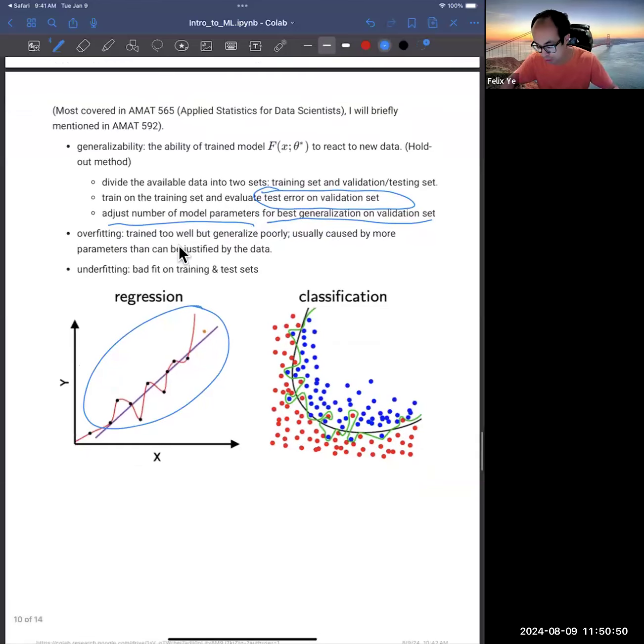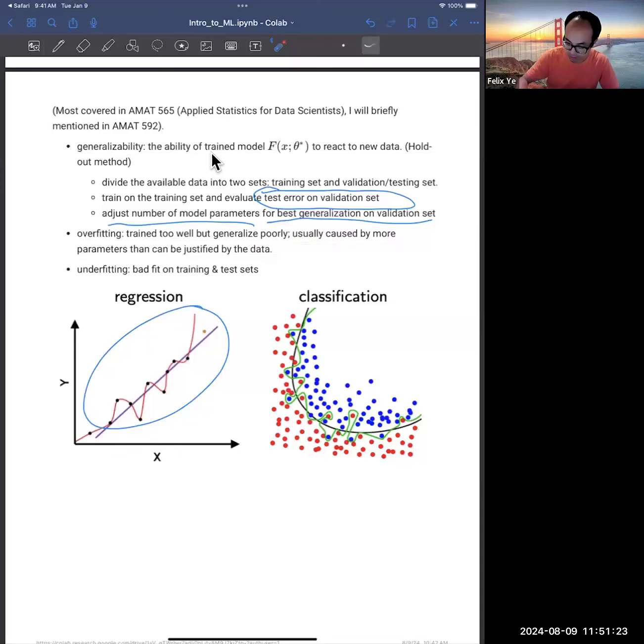There are two situations that you will very commonly find. One is overfitting. Overfitting is exactly this red line here, which is trained very well on the training data set, but cannot generalize well to the new data set. What is happening is it's caused by having more parameters than needed.